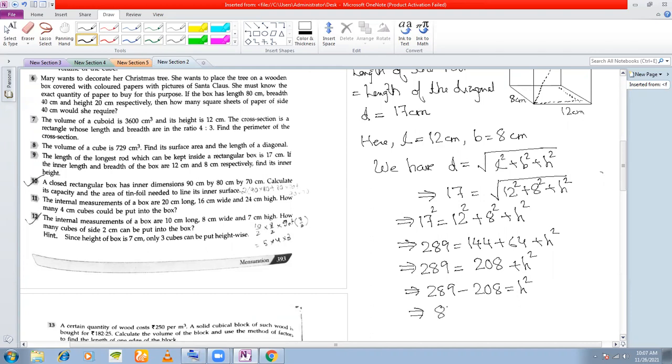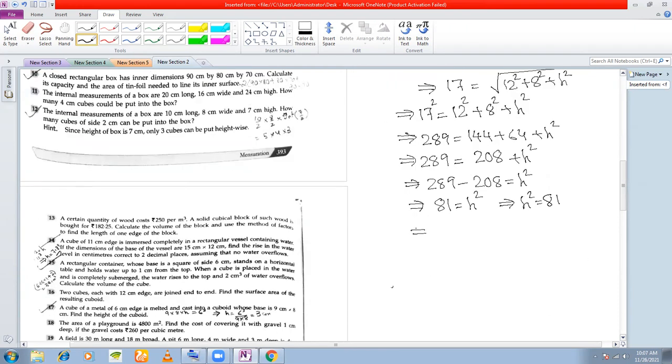That means 81 must be equal to H square. So what is the value of H here? Square root of 81, which is equal to 9. And what is the unit? Centimeters. Length and breadth are given in centimeters. Therefore, height you will get in centimeters. Okay. Any question?